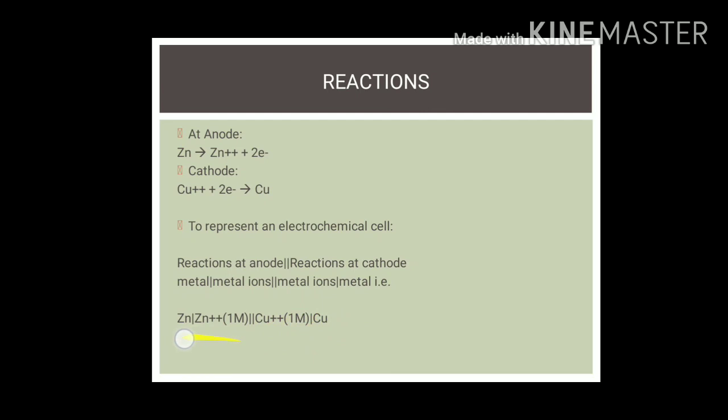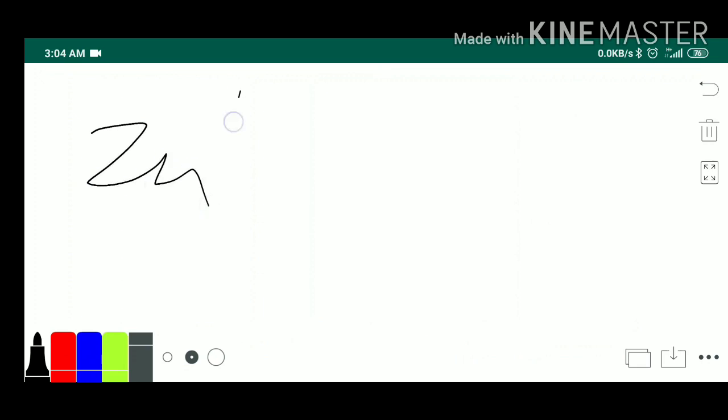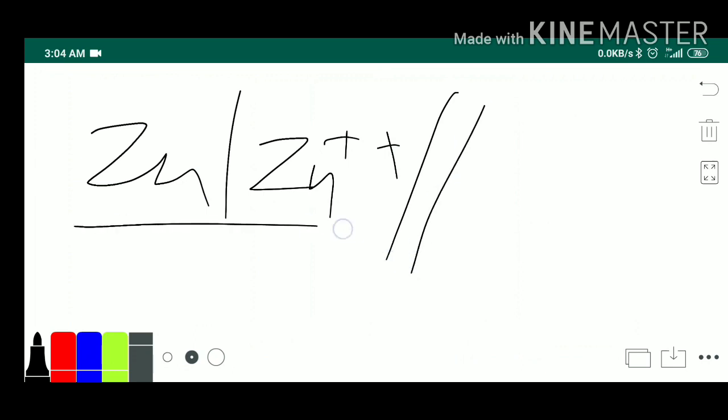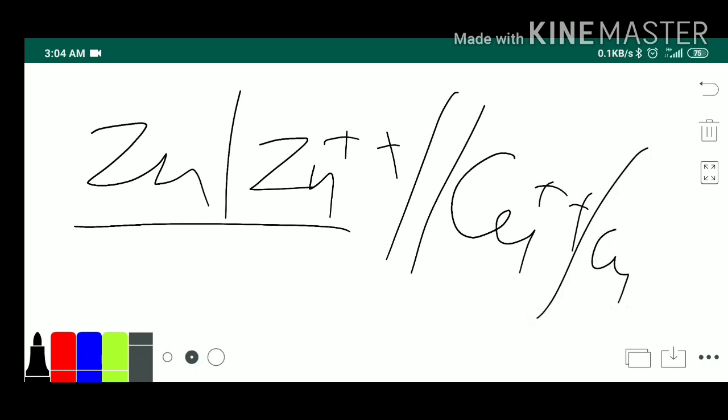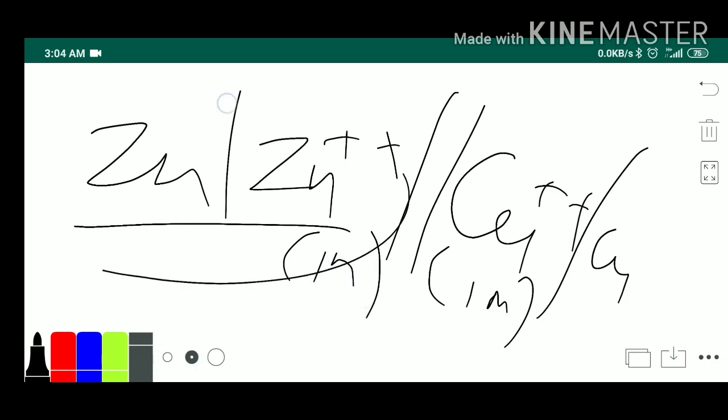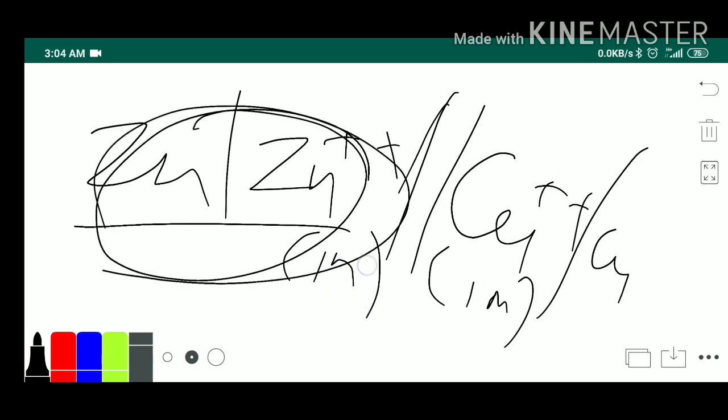So the oxidation reaction is separated by 2 lines from the reduction reaction. Zinc becomes zinc plus plus at one half electrode; at the other half electrode, copper ions accept electrons, reduction, then become copper, with its concentration. Very simple, right? Anodic reaction separated by 2 lines, cathodic reaction.